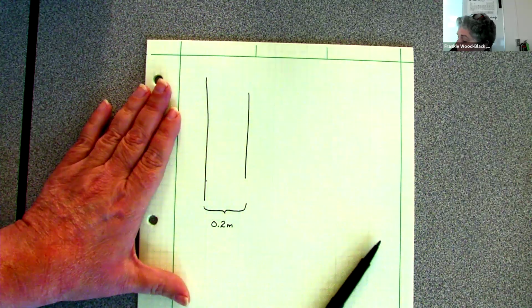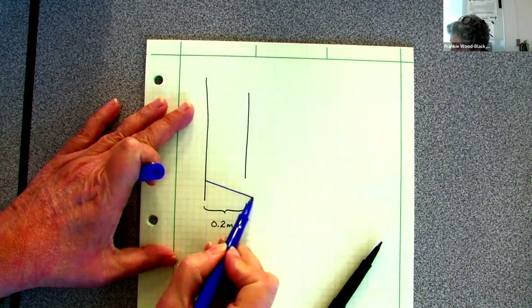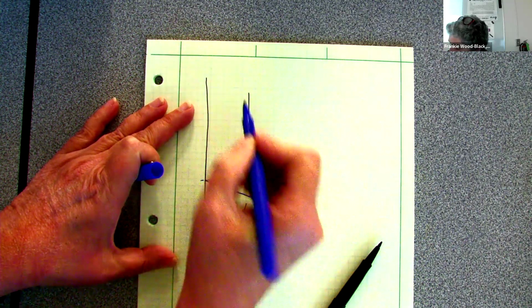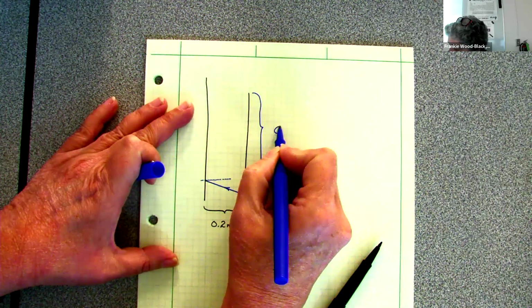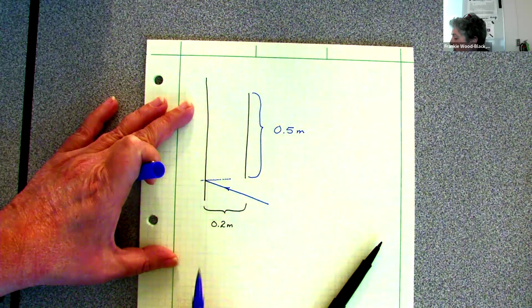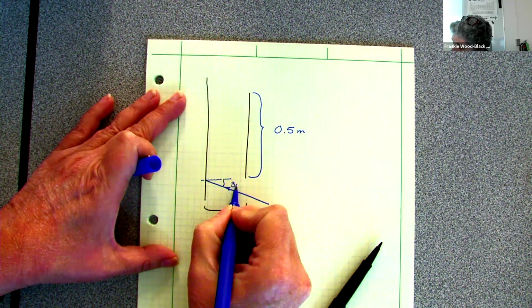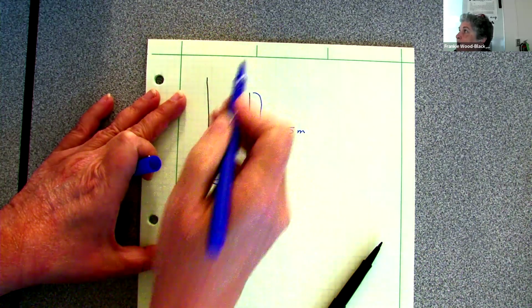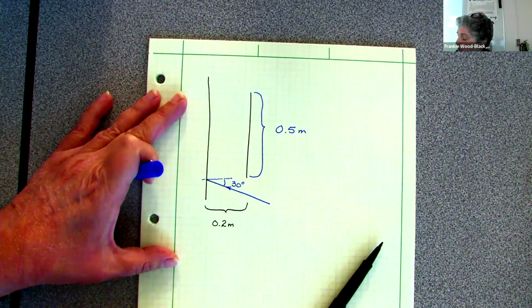We're going to come in with a ray. We're going to make this side 0.5 meters. This is going to be 30 degrees. We want to know how many times this is going to bounce before it comes out.